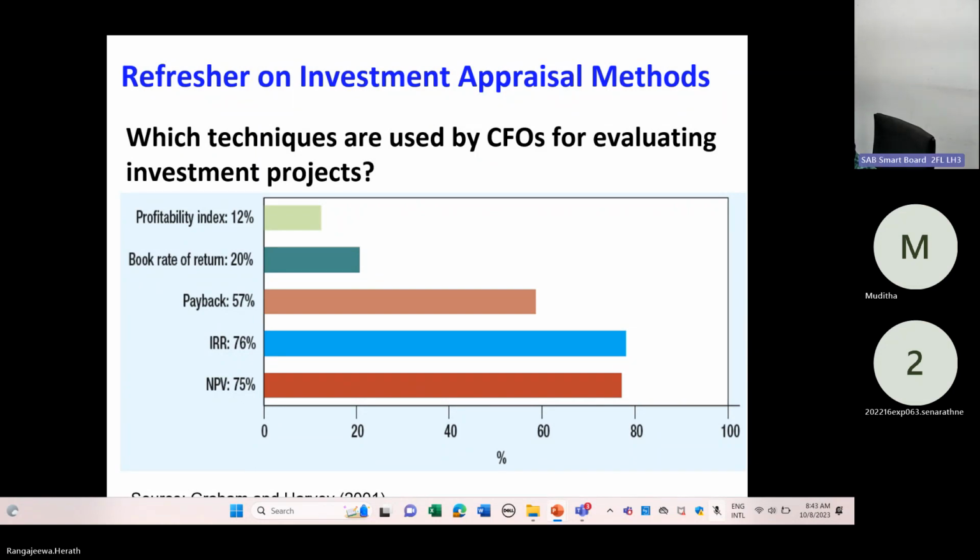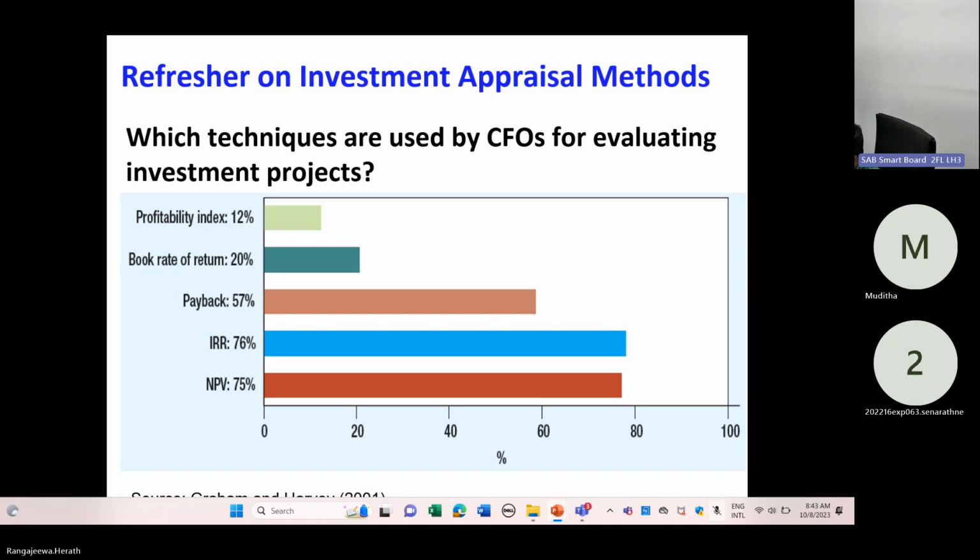So what do we have to do? We take the present value of those future net cash flows. Yes, it is 3 million, 3 million, 3 million, 3 million, 3 million, 15 million in total. But 3 million received in year 1 and 3 million received in year 2 are not the same. You know that. So we discount and take it to present value.